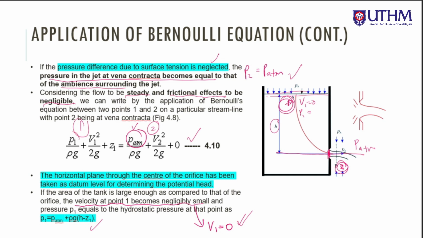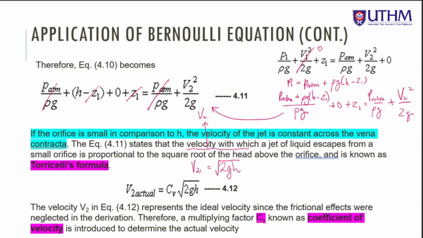So we know we need to replace this with this, and since V1 is negligible, this term will be 0. Okay. I actually showed it here already, but okay, I'll show once again. Sorry, a bit of a cough. Okay. So this is the equation given earlier. We have replaced P2 with atmospheric pressure, and since V1 is negligible, this term will be 0, and then we substitute P1 with this value.